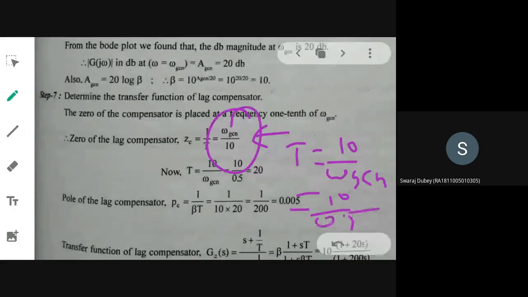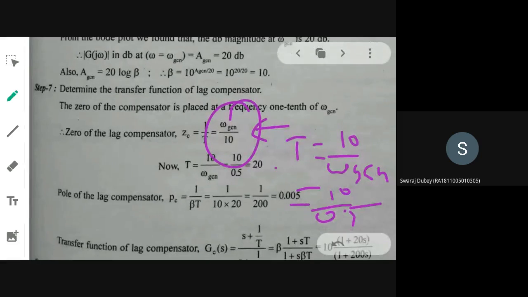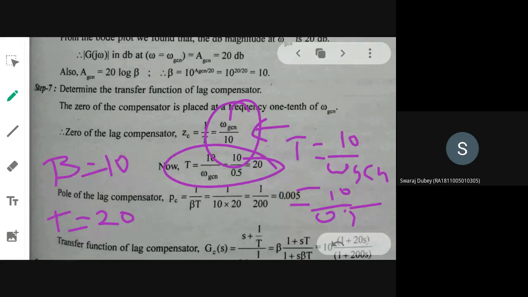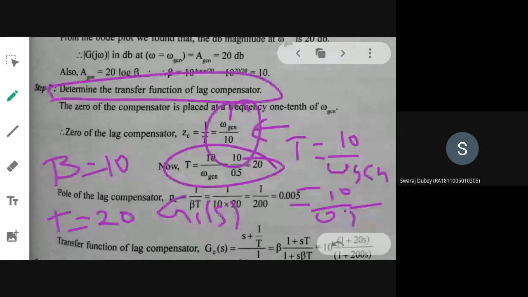So T is equal to 20. So now you got T is equal to 20, beta is equal to 10. You can easily substitute these two parameters in Gc of s, and the design of the compensator transfer function is over now. Next.